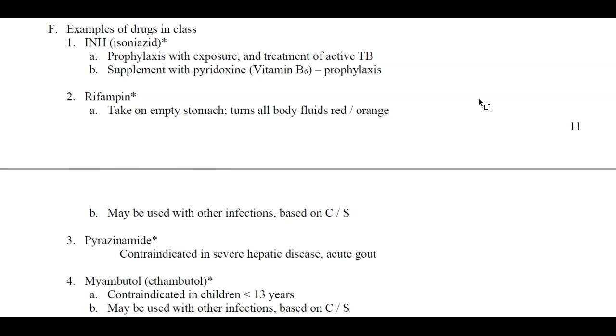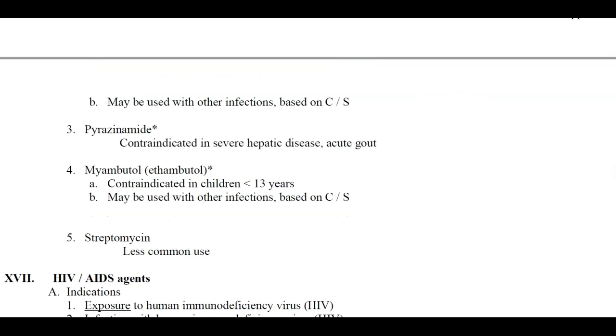Pyrazinamide: the only thing you have to remember about this medication is that it is contraindicated in severe hepatic disease as well as acute gout. Another medication is ethambutol or Myambutol. This is contraindicated in children less than 13 years old.